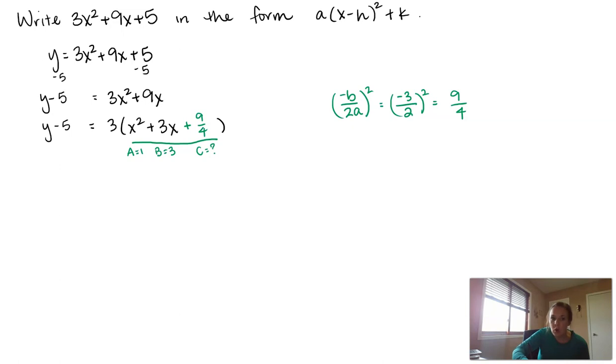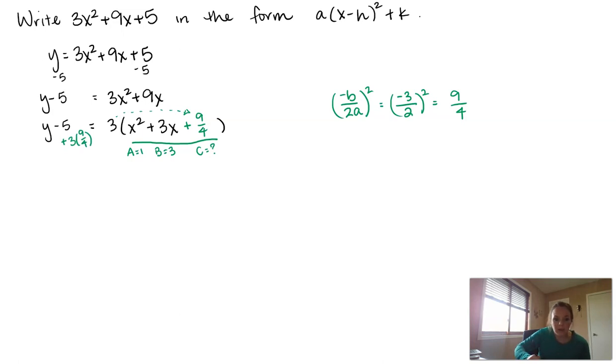Now, think about it though, we need to do what we do to one side, we have to do to the other side. So because we added 9 over 4 to the right side, we also need to do something to the left side. But it's not just 9 over 4. It's 3 times that 9 over 4. So over on the left-hand side, I guess I should have saved myself a little bit more room, we have 3 times 9 over 4.